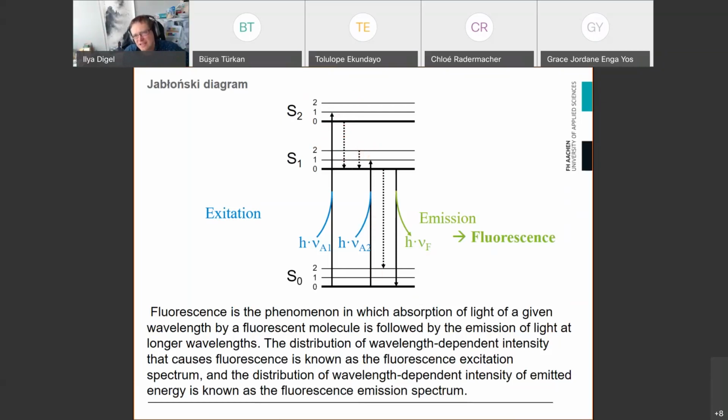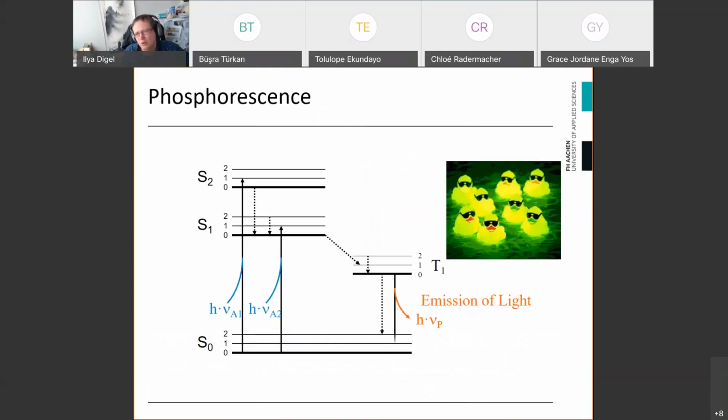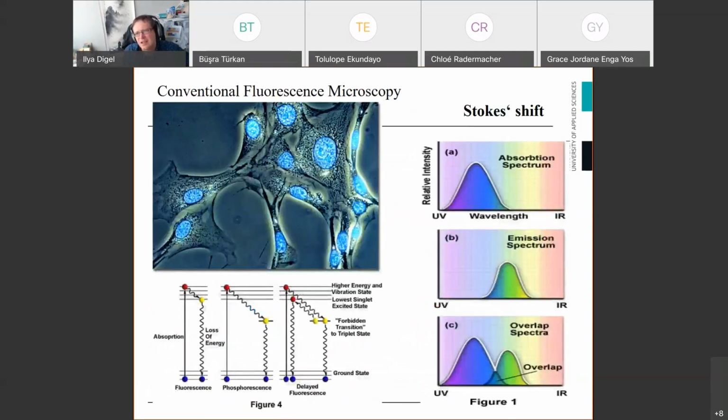And so that means that the energy you get back now as emission is less than the energy you've given before. And due to this, we have shorter wavelength in excitation, and emission will always have longer wavelength, which corresponds to lower photon energy. And this is nicely visible here if we just check the absorption spectrum of some hypothetical compound, and then check the emission spectrum of this compound, we always see there is a shift towards the red region, towards long wave.